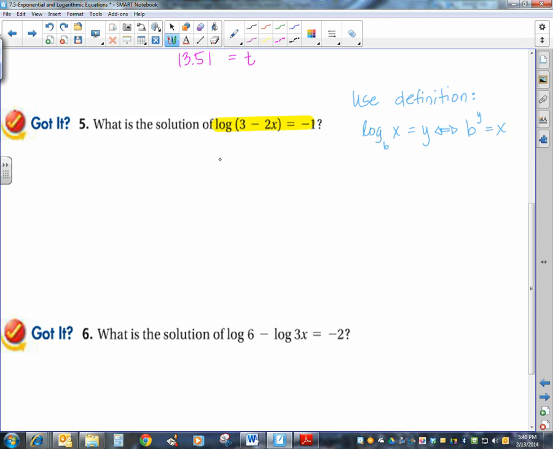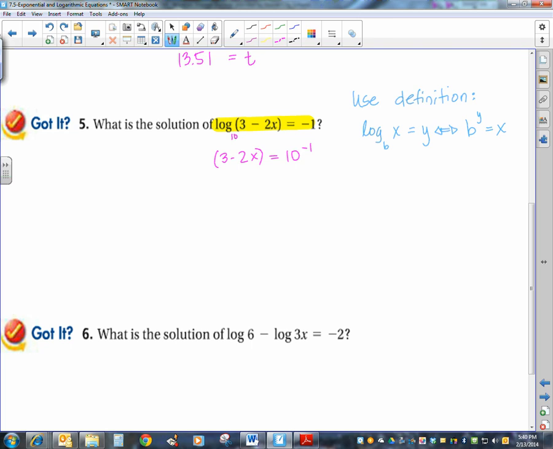So what is my base here? You should all remember that that's a base of 10. So I'm going to write 10 to the negative 1 equals that thing. So 3 minus 2x equals 10 to the negative 1.